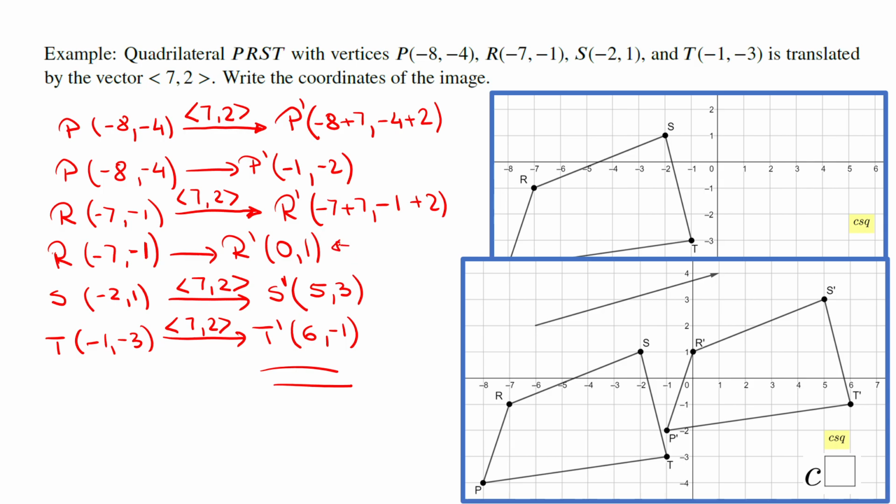It was right here, I'm sorry. S prime, we're good, and T prime is also good. And this is the vector, by the way. Okay, you don't really have to draw that vector, but it's just an idea to see this movement, this translation.